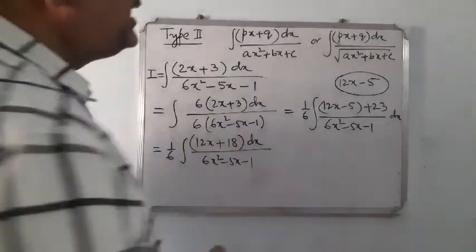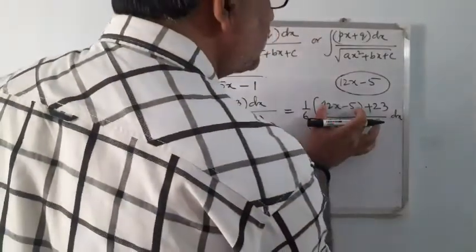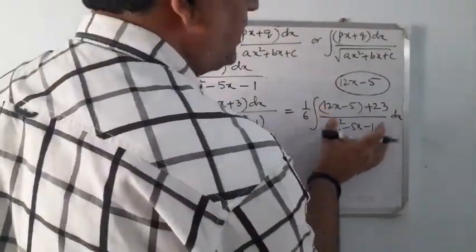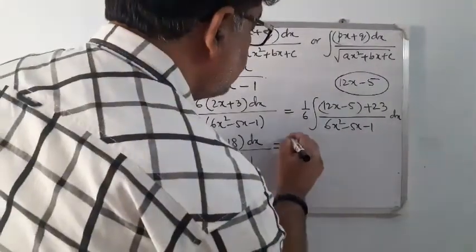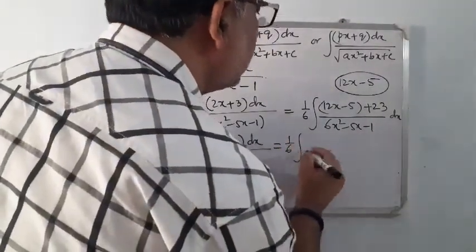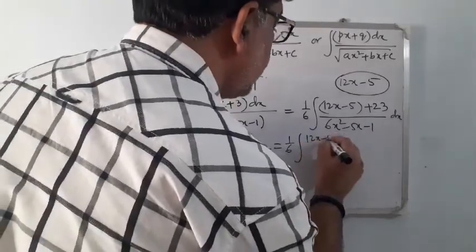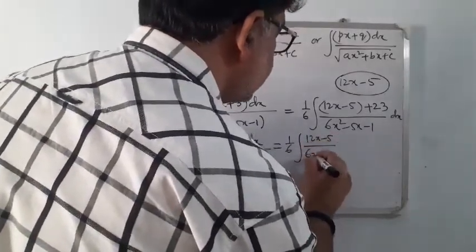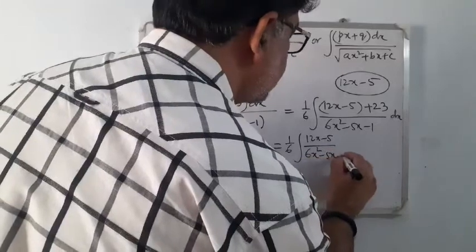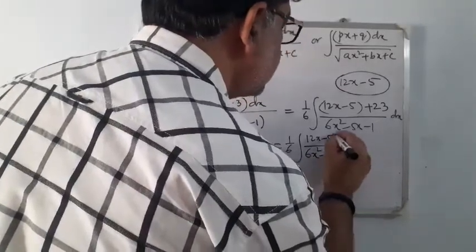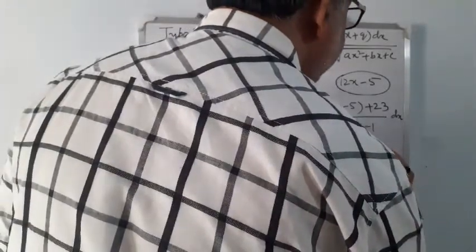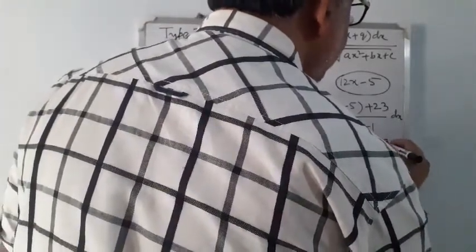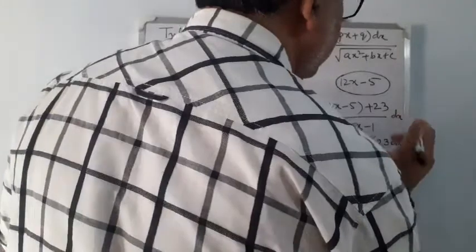Now after getting this result, this differentiation part as well as this quadratic part should be kept in one integral. So this becomes 1 by 6 integral (12x − 5) by (6x² − 5x − 1) dx. This one is the first integral. And then plus 1 by 6 integral 23 dx by (6x² − 5x − 1), that's the second one.